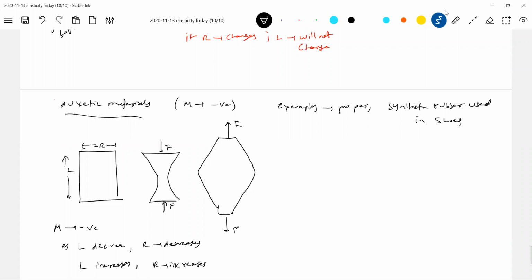Now let's come to the shoes. What is a basic necessity of the shoes? If you look at this part, it is very important, no? Here.